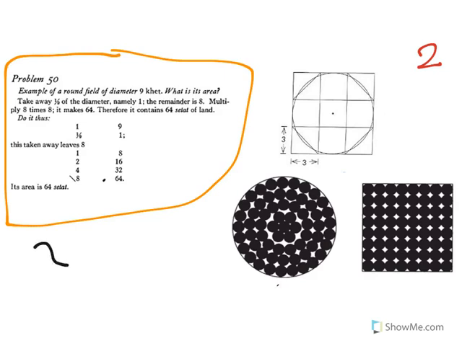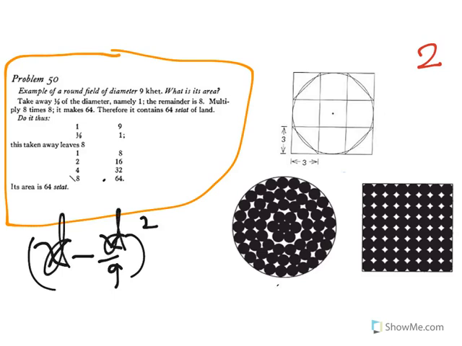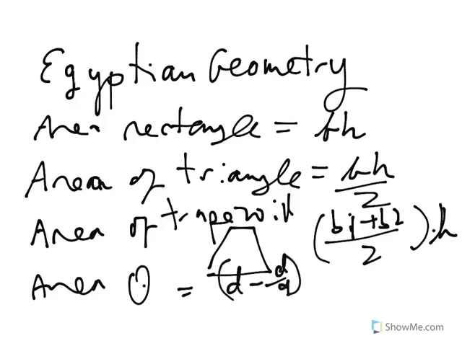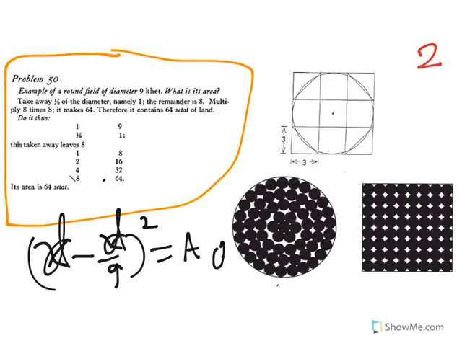So this suggests that their algorithm is d minus d over 9, squared. That's their formula for the area of a circle. So this one, unlike the other formulas, is not correct in that it doesn't get us the exact answer.